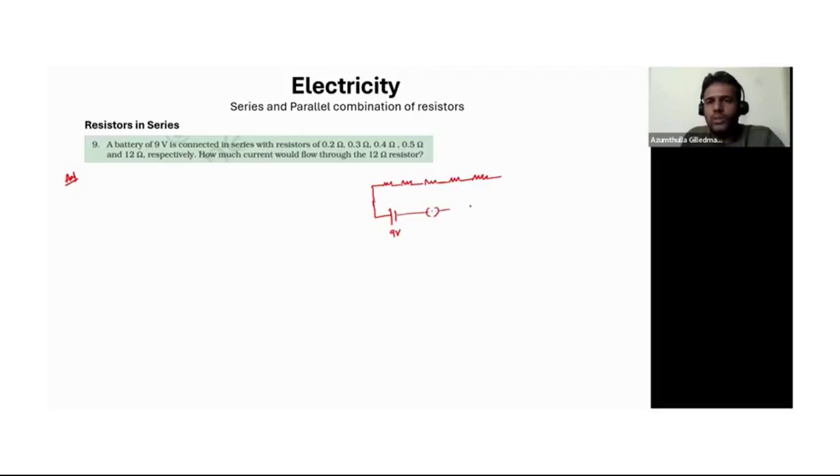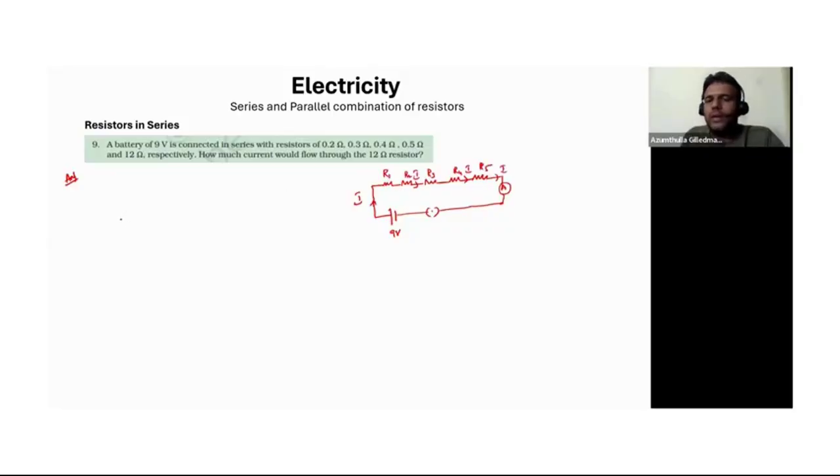This is a switch, and then there is an ammeter to read the current. As they are connected in series, I should be the same everywhere. The same amount of current will flow. That's why I is the same everywhere. And this is R1, R2, R3, R4, and R5.